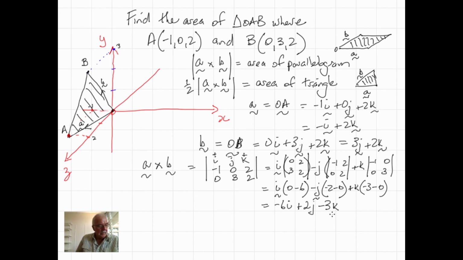Okay, so the area of the triangle OAB will be equal to a half the magnitude of this vector, minus 6i plus 2j minus 3k.